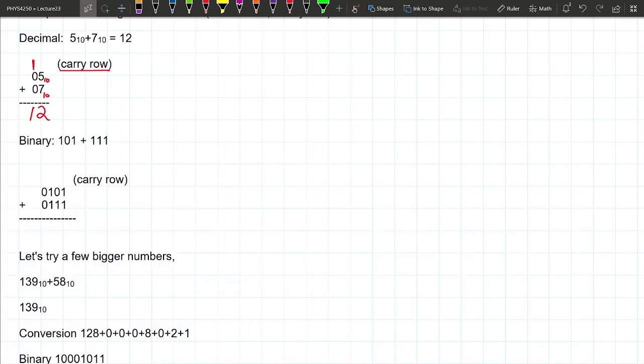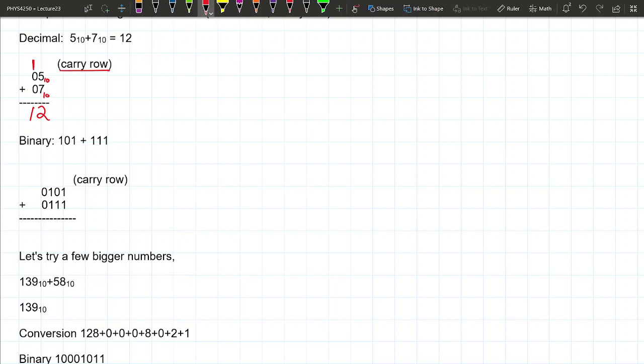I do the same thing where I put an extra column just in case it goes over. I put the 101 on top here and 111 on the bottom. Since addition is commutative, it doesn't matter what order you put them in.